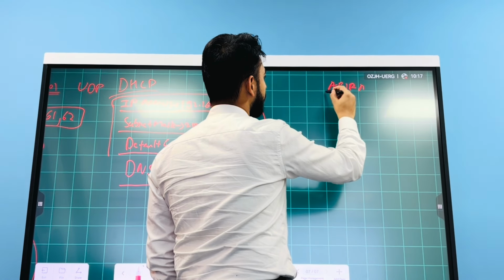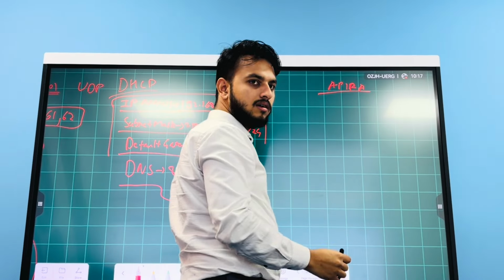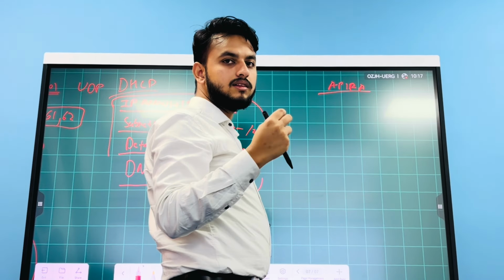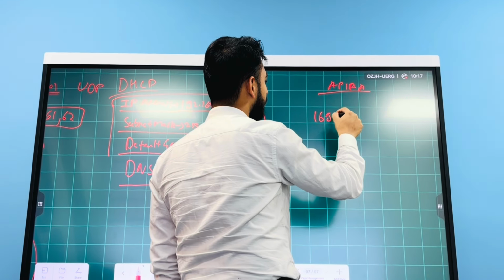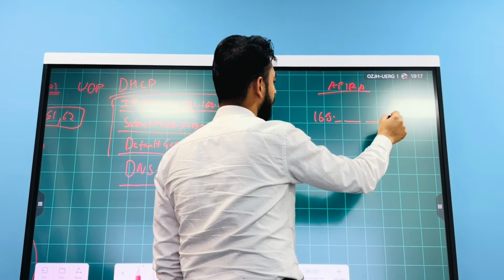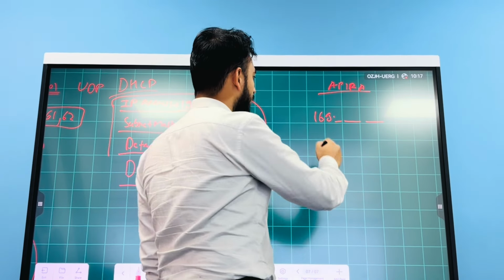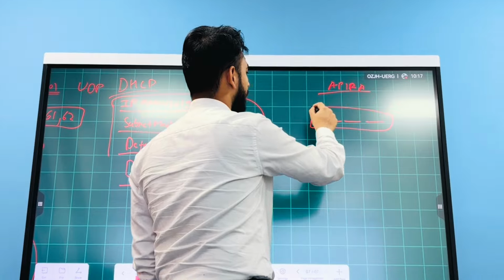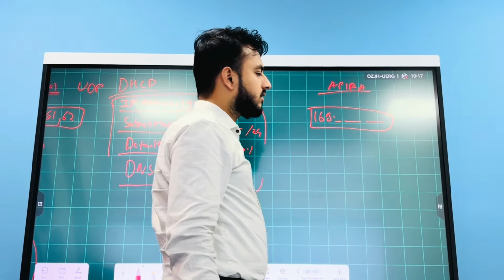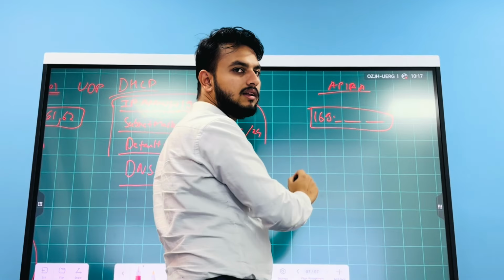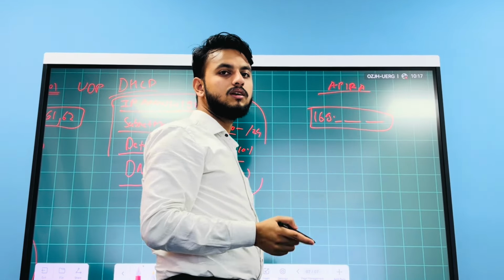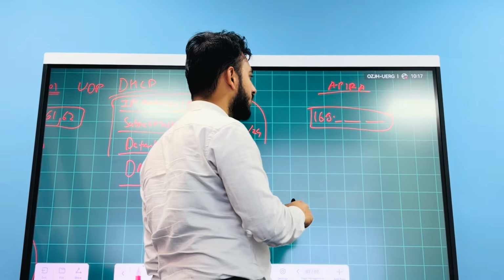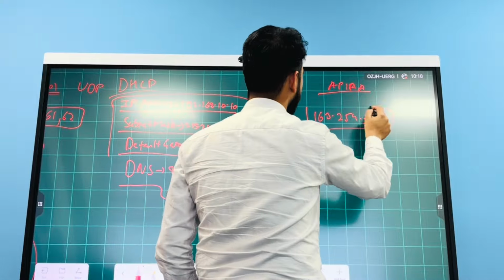Okay, this APIPA is a subnet of IP address which looks something like this, 169 something. When you see this in your IP address, this represents that there is no DHCP server in your network, or something is wrong with your DHCP server in your network.